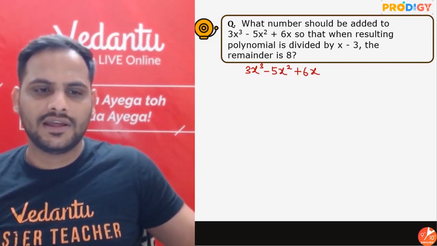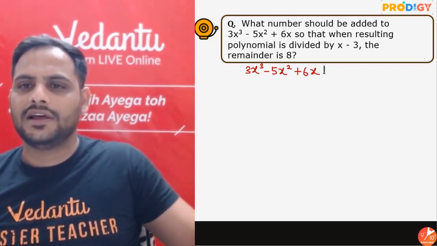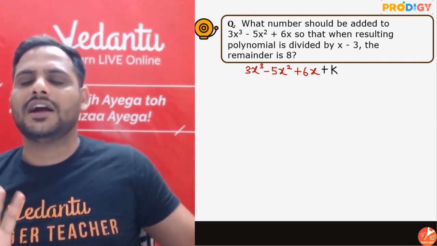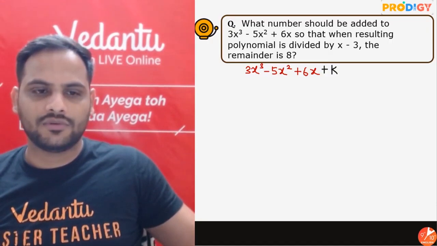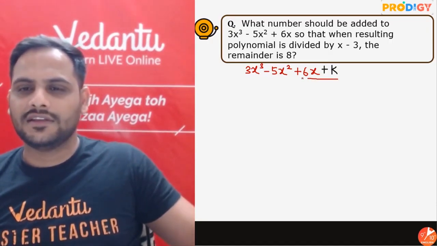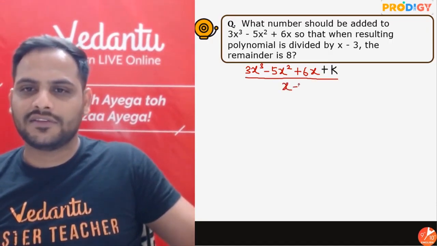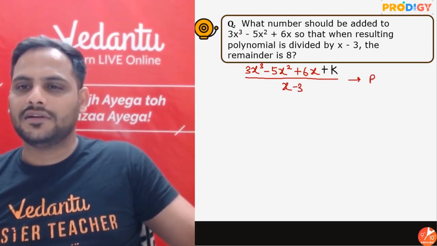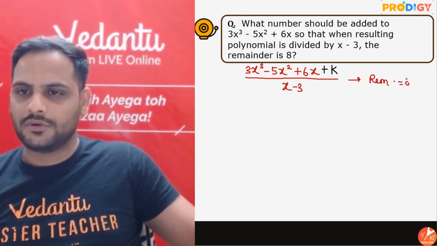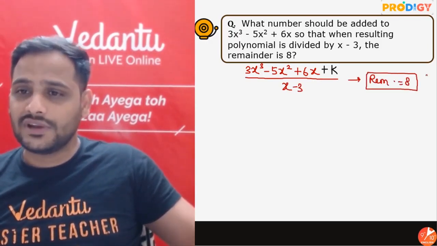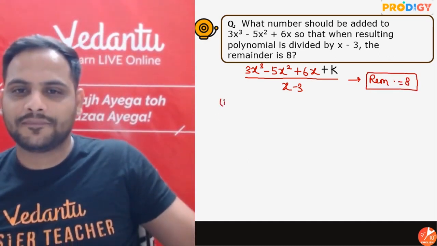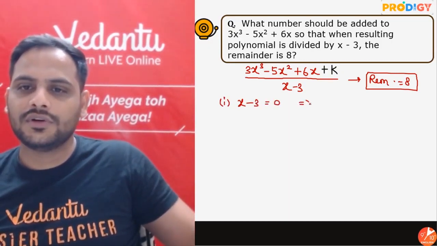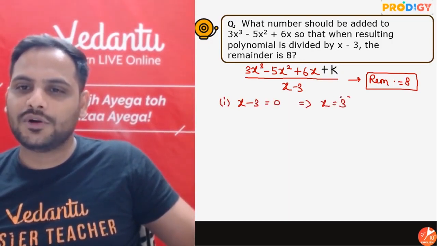What I am doing, beta? I am adding plus k in this, and now if I divide by x minus 3, I can say my remainder must be equal to 8. So let's take remainder 8 and find out the value of k. Step 1, x minus 3 equal to 0, we get x equal to 3.